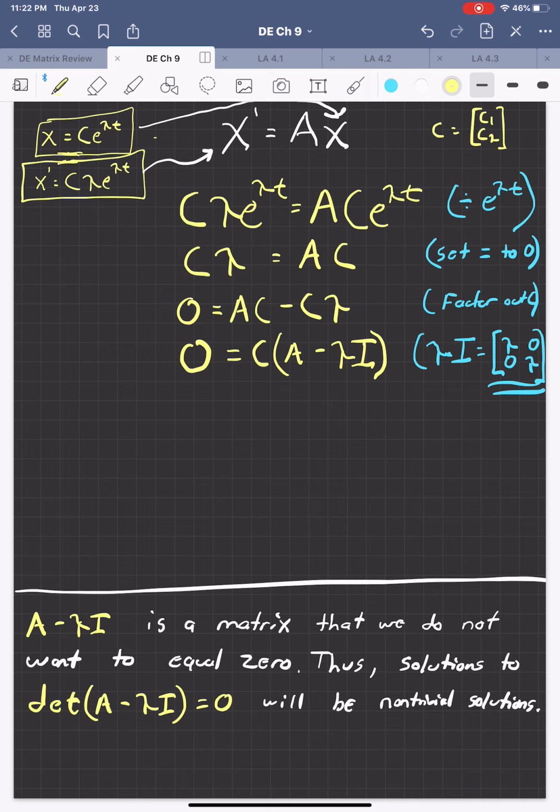At this point, let's make sure we understand what we want. Clearly, if I choose a scalar of 0, meaning 0, 0 for c sub 1 and c sub 2, clearly that would work. But that's not what I'm interested in. If c equals 0, in other words c sub 1 and c sub 2 equal 0, then you would have the trivial solution.